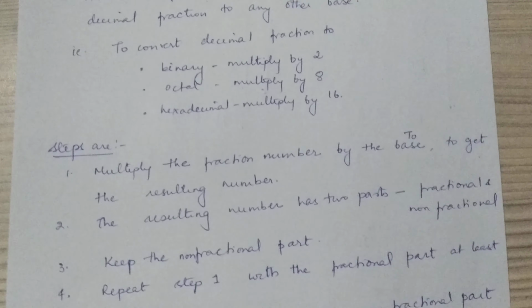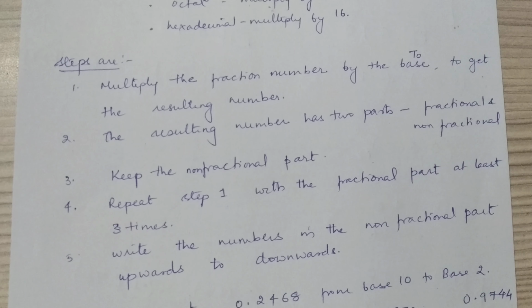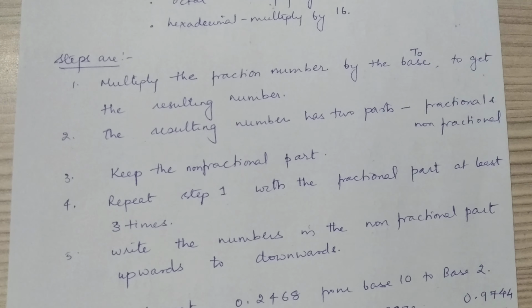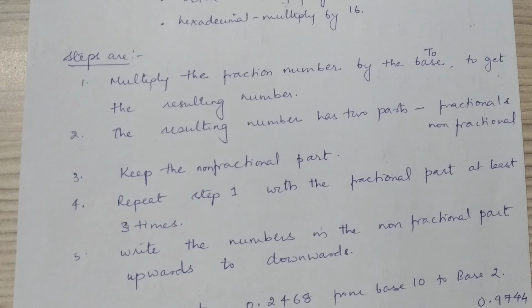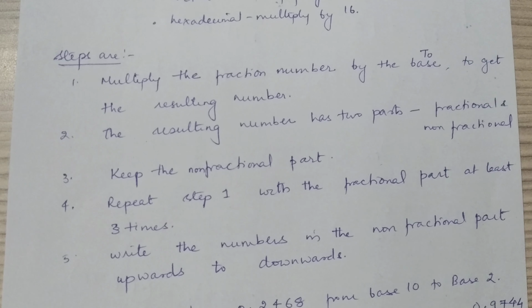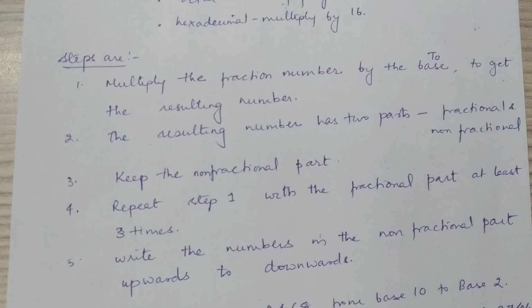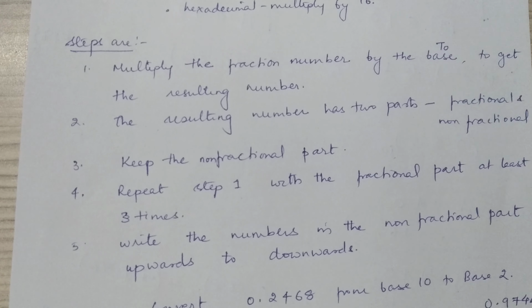Now what are the steps involved? The first step is we will multiply the fraction number by the base, that is by the 2 base, to get a resulting number. The result or the answer has 2 parts: one is the fraction part and the other is a non-fractional part.